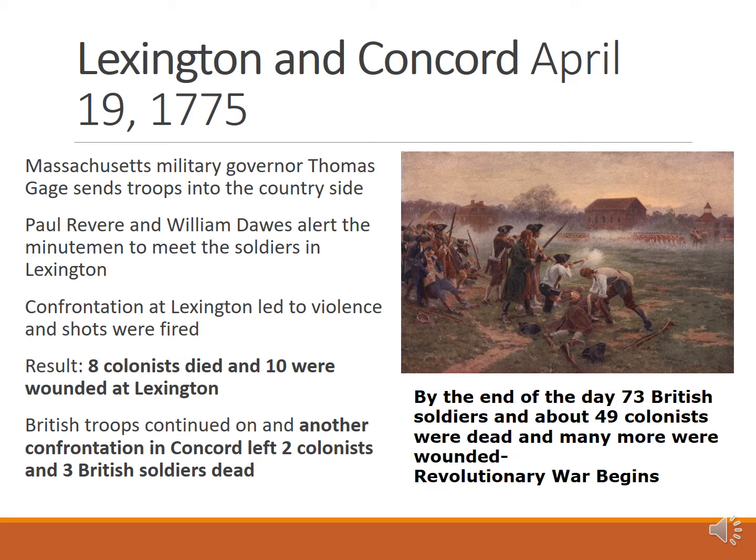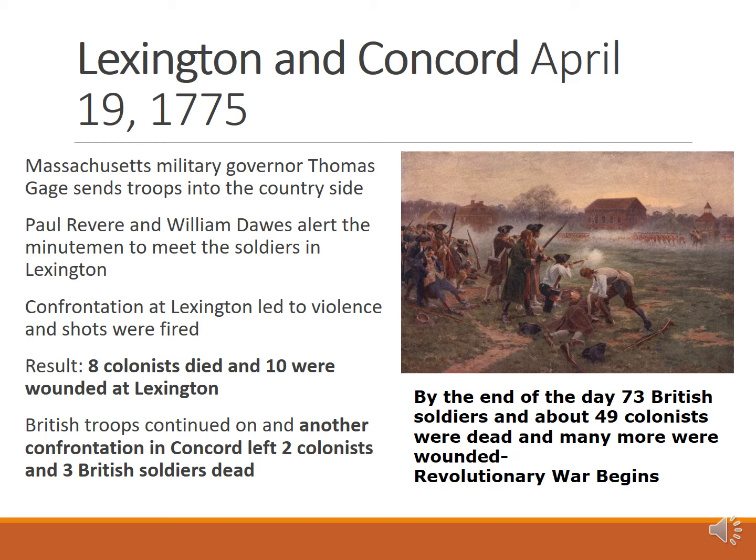So Lexington and Concord is the result of the British going out into the Boston countryside in an effort to find what they thought was a storage of weapons and munitions. And they were going to recover this from Concord. And Concord was a little town on the outskirts of Boston.